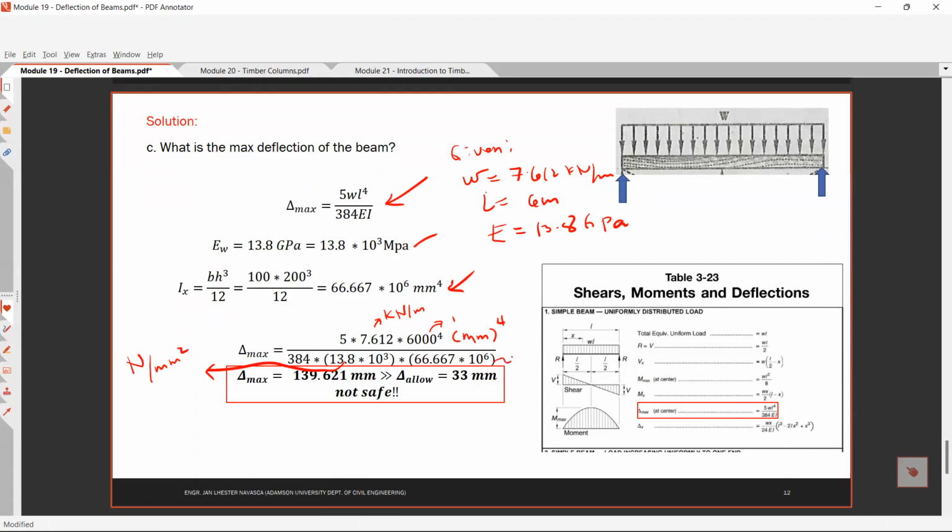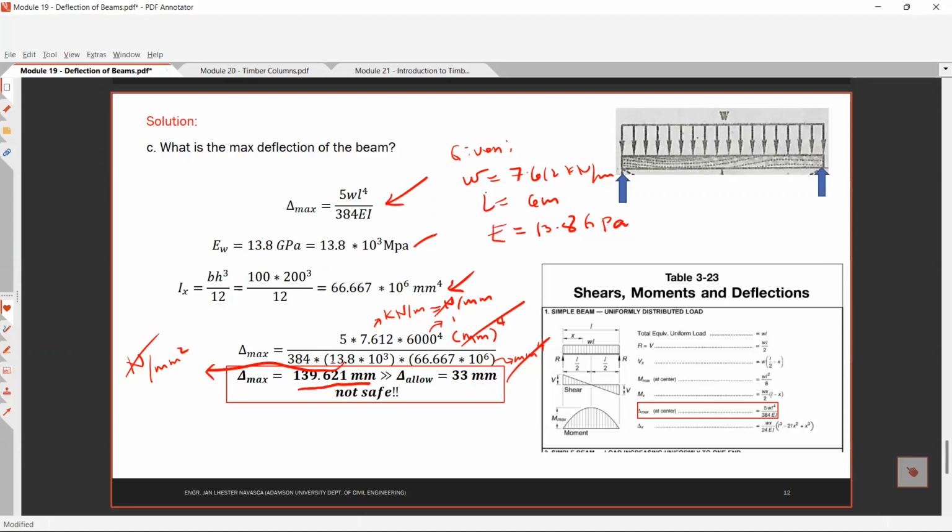And yung inertia natin is naka-mm raised to 4. So, basically, pwede natin itong i-cancel out. Okay. Ito, yung Newton and kilonewton. So, again, kilonewton per meter is equivalent din sa Newton per millimeter. So, therefore, pwede natin cancel out si Newton and natitira na lang sa'yo is millimeter square over millimeter. And therefore, yung final answer mo is in millimeters.